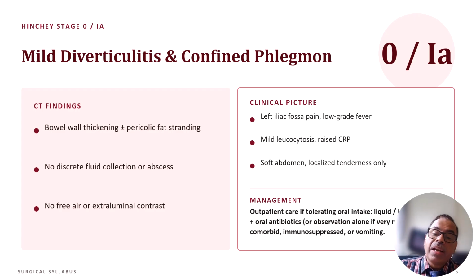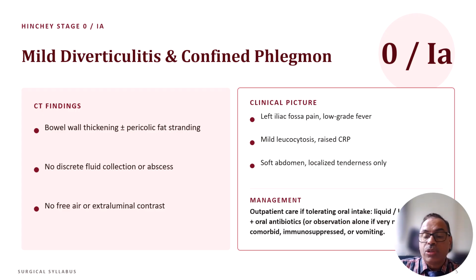So here the patient would present with left iliac fossa pain, low fever, and there may be mild leukocytosis and raised C-reactive protein. If you palpate the patient's abdomen, there may be tenderness in the left iliac fossa and left lumbar region, and there would be localized tenderness, and localized guarding may be present. In such a patient, what is the management in Hinchey stage 0, 1A? Generally, you can manage as an outpatient.